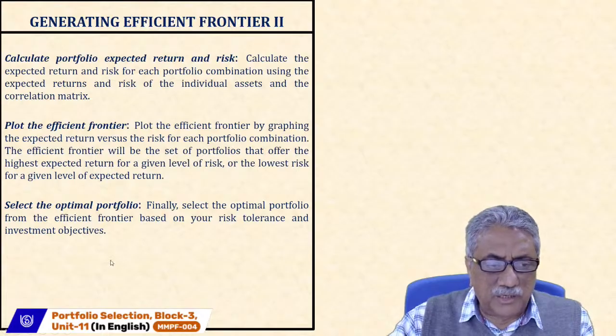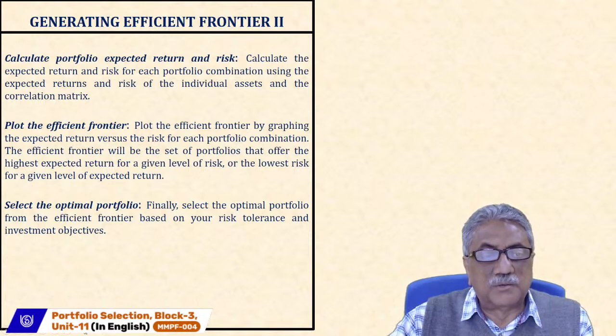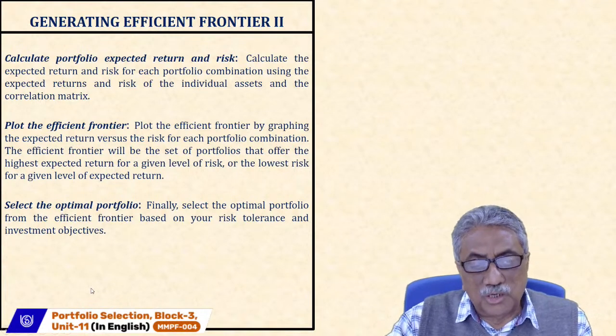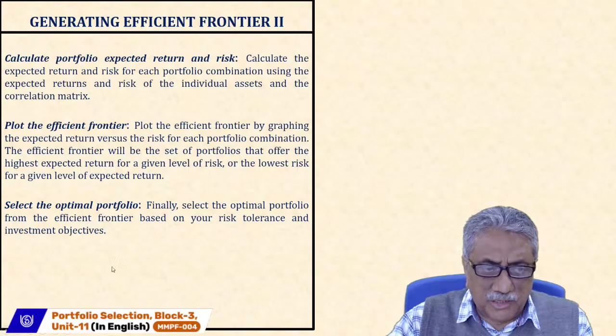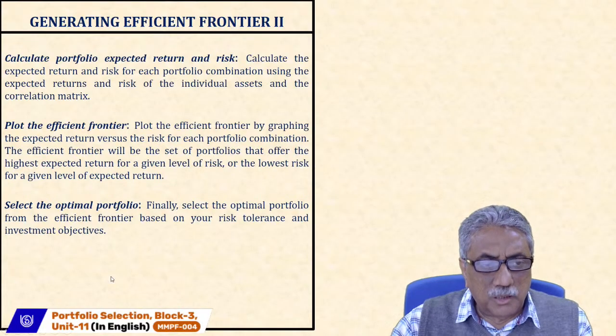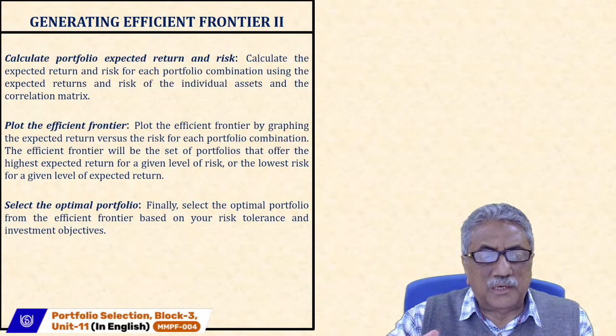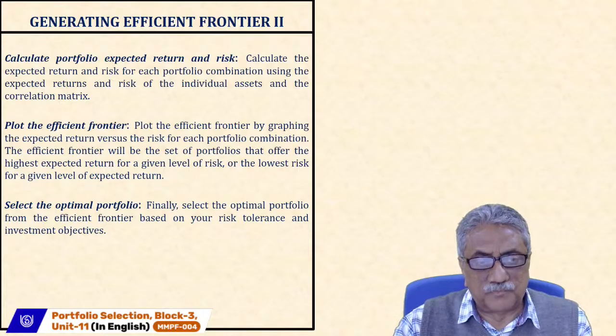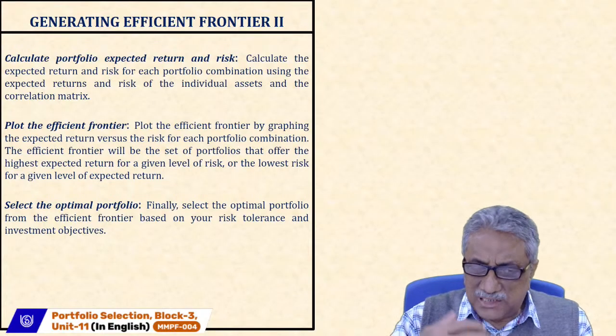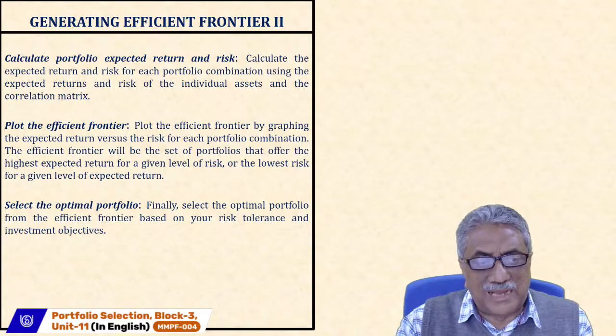Or you can be here, where you get a low return, but you have a low risk. So the choice is yours, but you are on that efficient frontier. That means these portfolios are giving you the most optimum return at a given risk, or the maximum return at that risk.